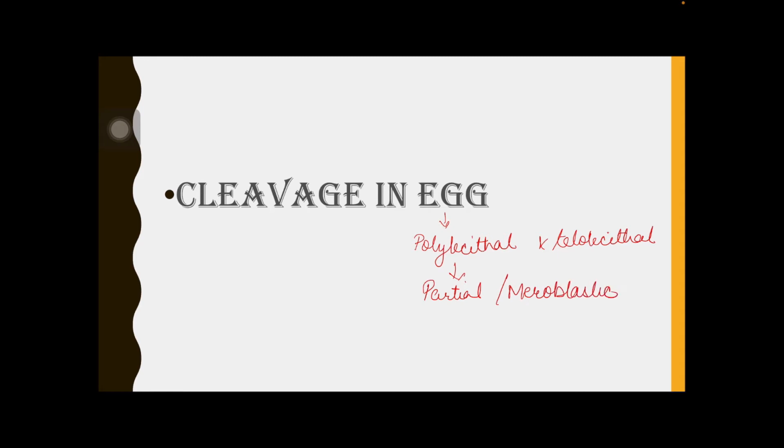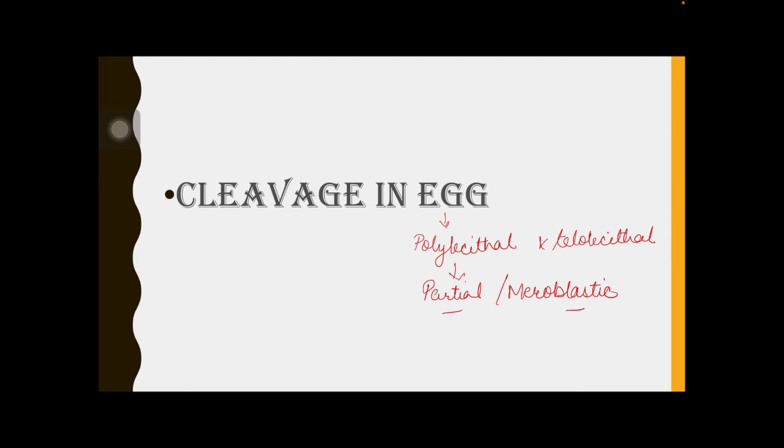The cleavage furrows do not pass through and through the cell. They do not divide the cell completely. Right. So in case of fowl, the cleavage is partial and meroblastic.